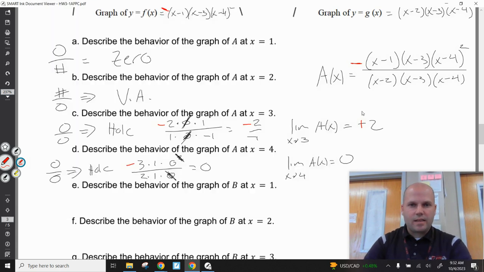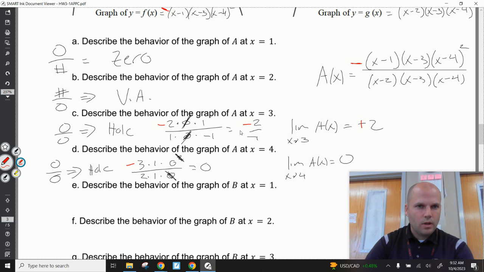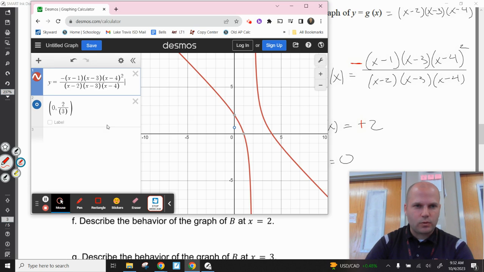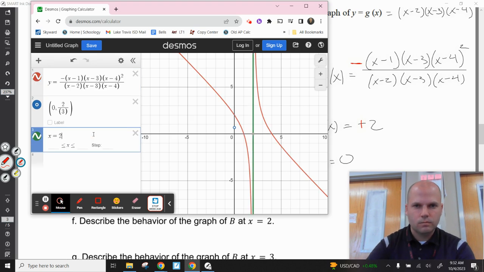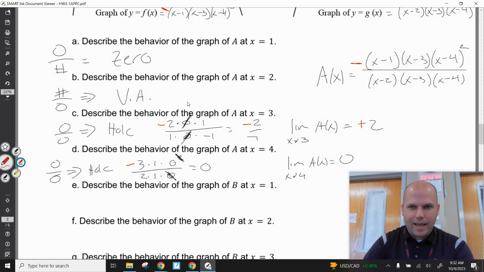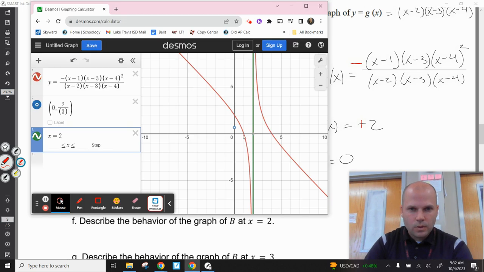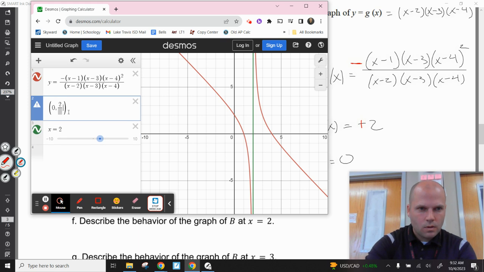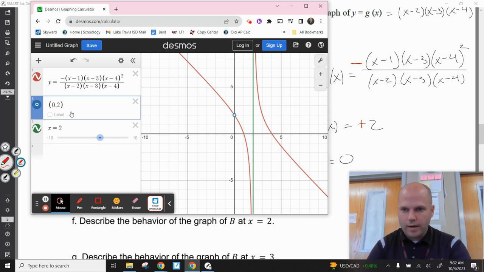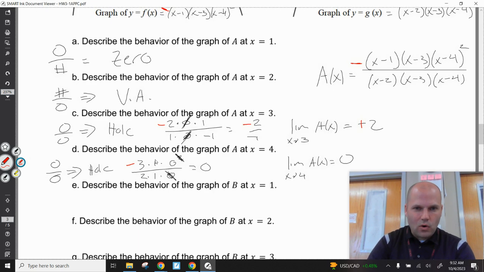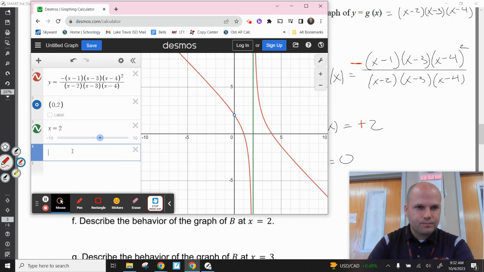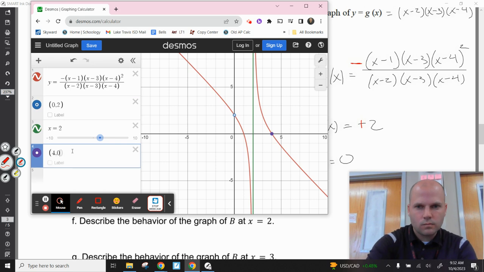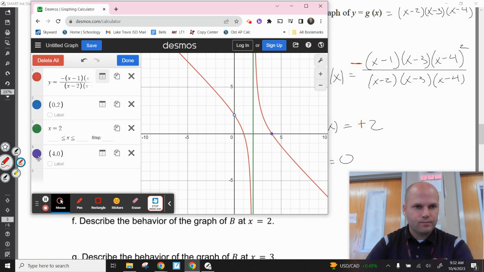We are saying that the function has a 0 at 1. Boom. A vertical asymptote at x equals 2. Boom. A hole at 3, comma 2. Well, that looks right. And a hole at 4, comma 0. That looks right as well.